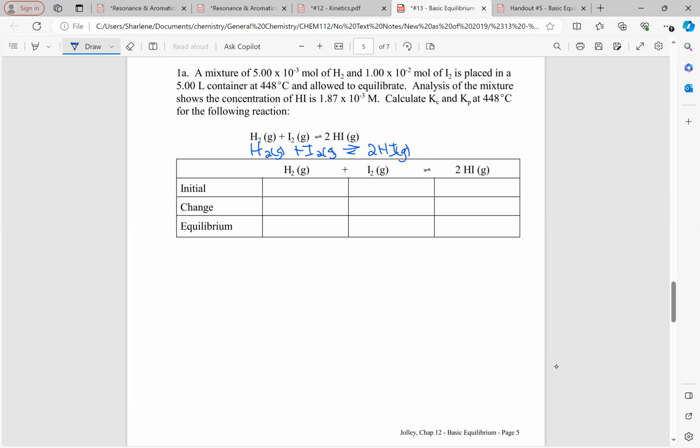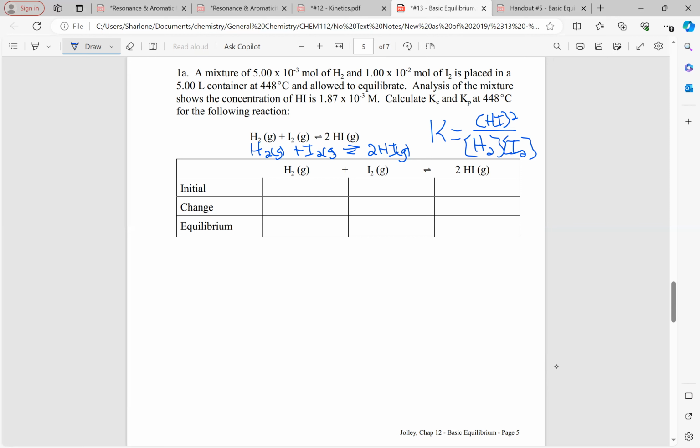Well, what is the next thing I do? I can't believe I just said that, jumping ahead of myself. You write the equilibrium expression. And then you ask yourself, is this a K I can look up?